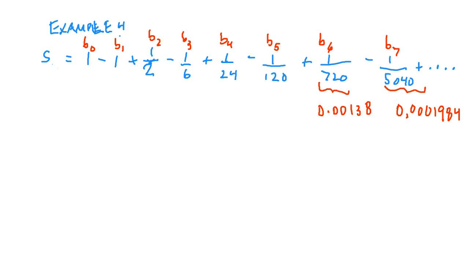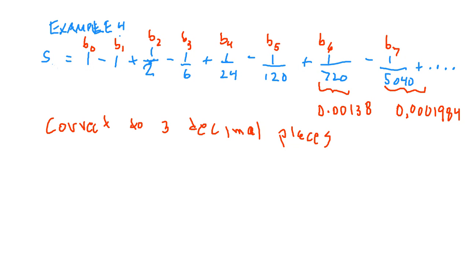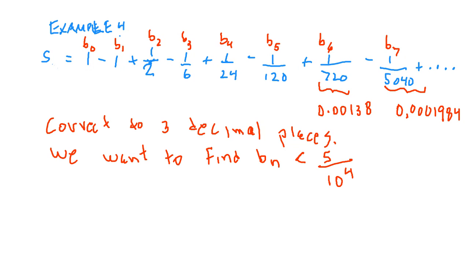All right, so correct to 3 decimal places means we want to find b sub n such that it's less than 5 over 10 to the 4th power, because it's 3 decimal places.